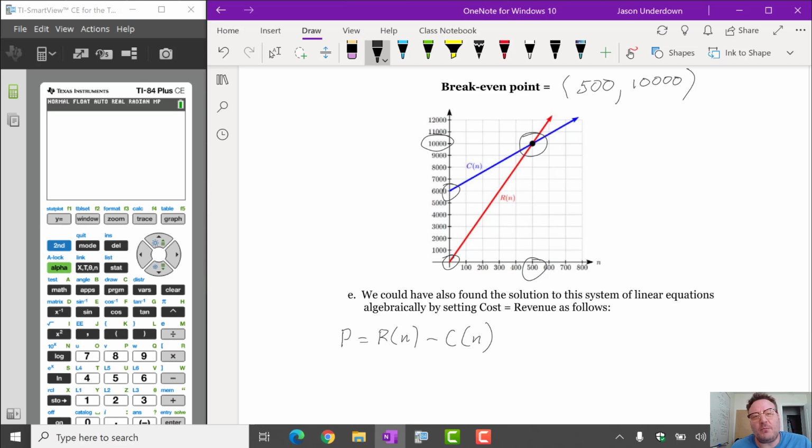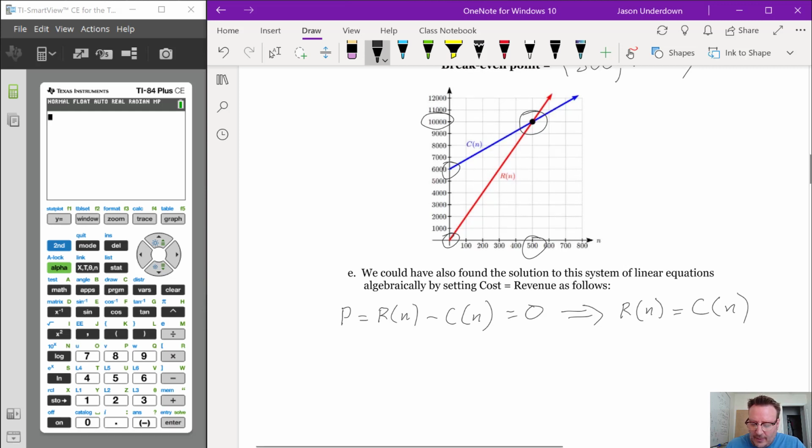And when we want to find the break-even point, we set profit equal to 0. But this equation is the same as setting, right? I could just add C of n to both sides of this equation, and I get R of n equals C of n.